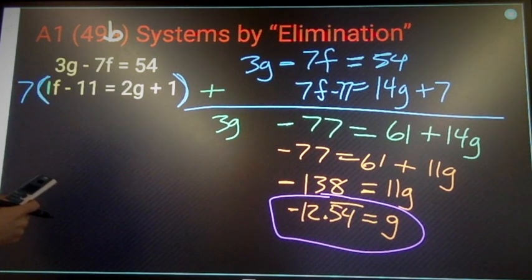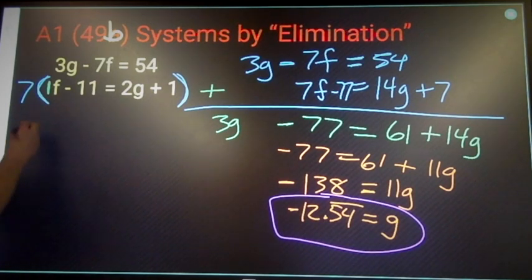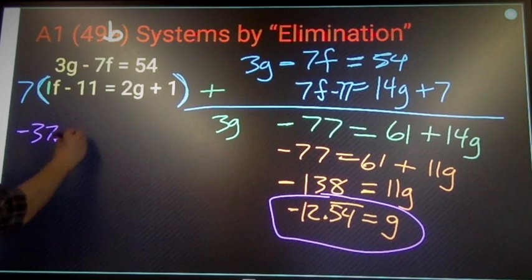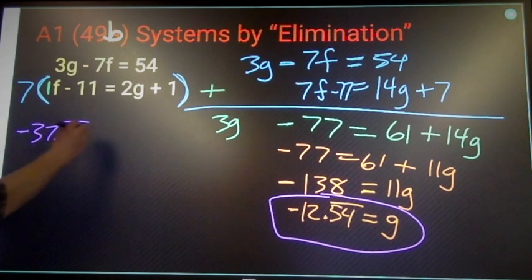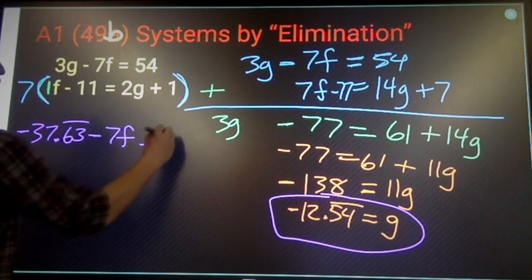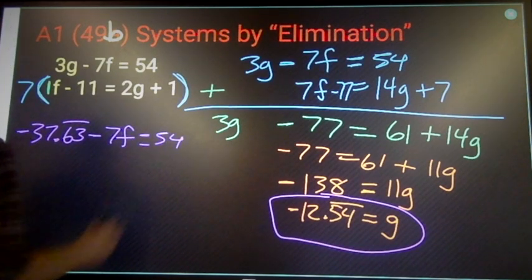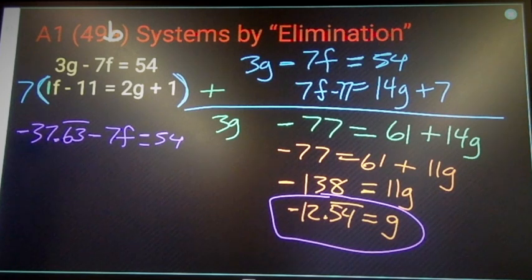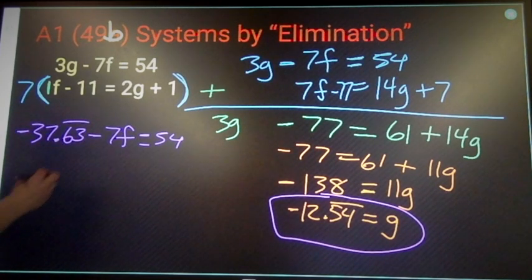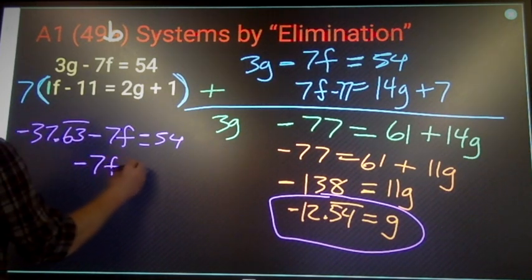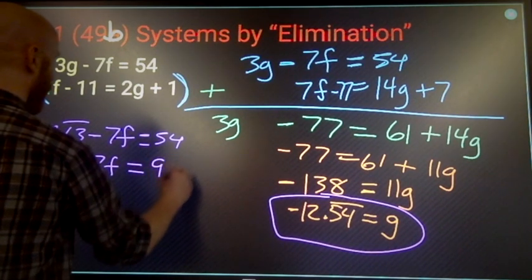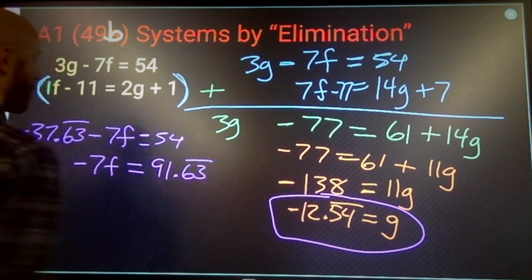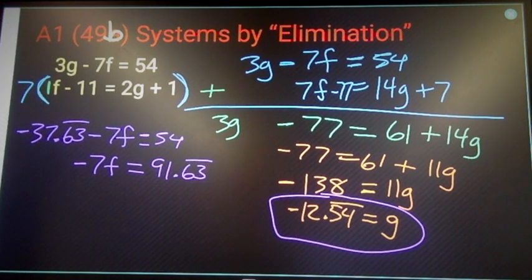So I'm going to do 3 times that, and I get negative 37.63 repeating minus 7f's equals 54. Add 37.63 repeating to both sides. We'll have negative 7f's equals 91.63 repeating. Divide both sides by negative 7.